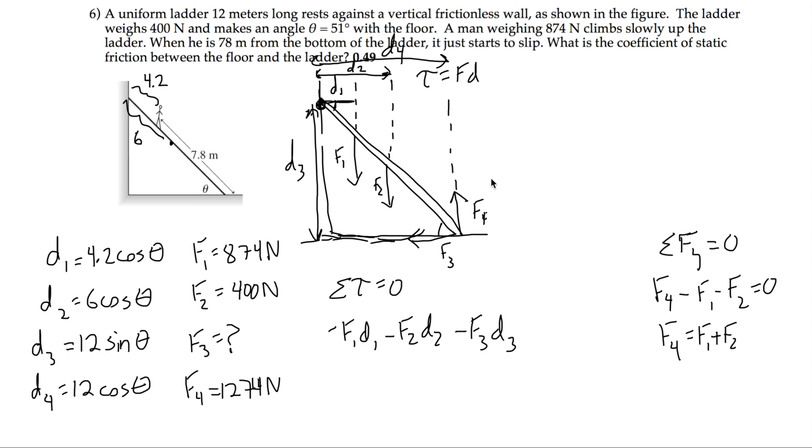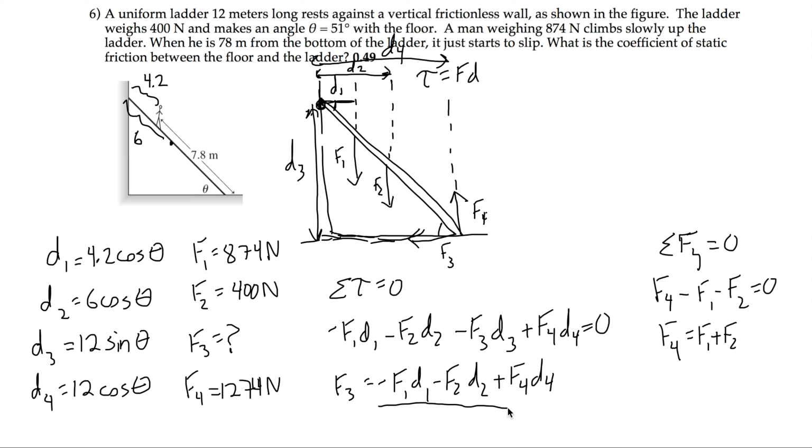F4 will produce a counterclockwise torque, plus F4d4. All of these torques will sum up to 0. And now we can solve for F3. So F3 will be minus F1d1 minus F2d2 plus F4d4, divided by d3.